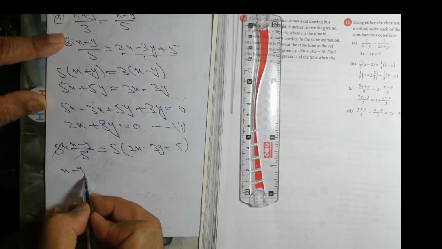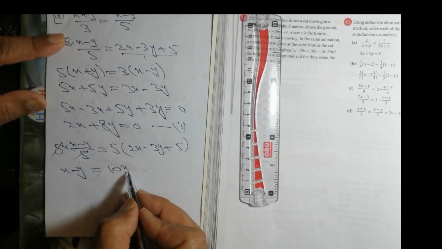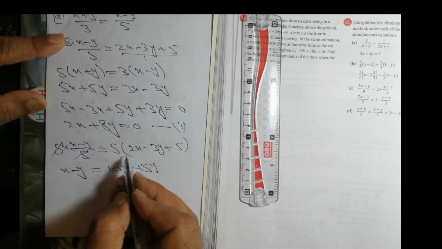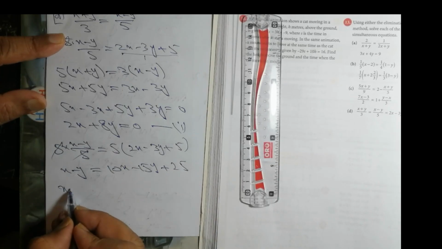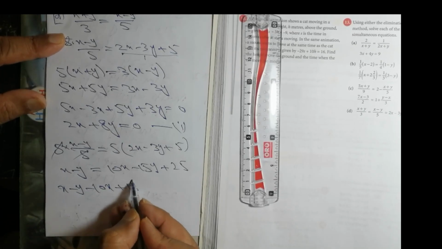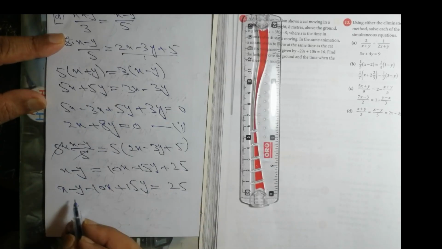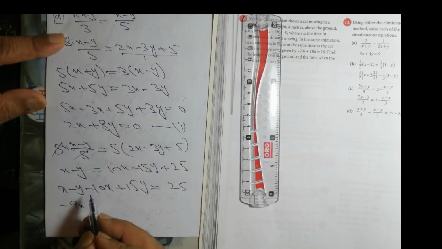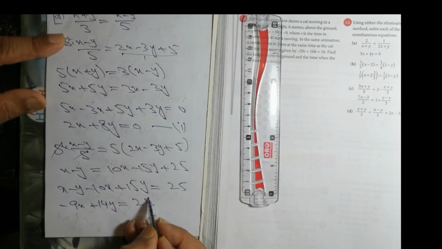So x minus y equal to 10x minus 15y plus 25. So x minus y minus 10x plus 15y equal to 25. x minus 10x is equal to minus 9x, and this will be plus 14y equal to 25.